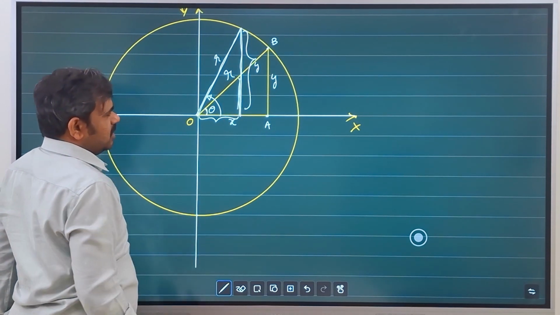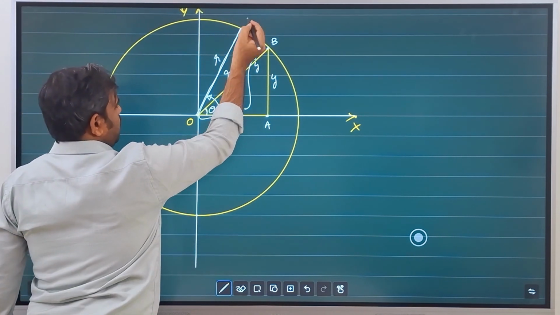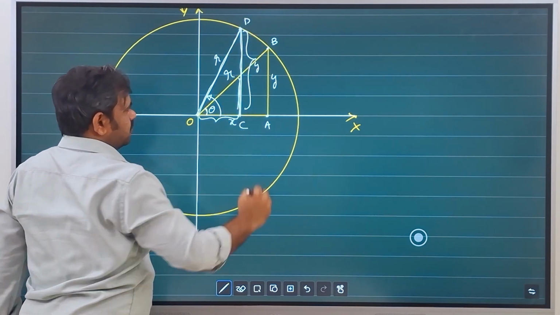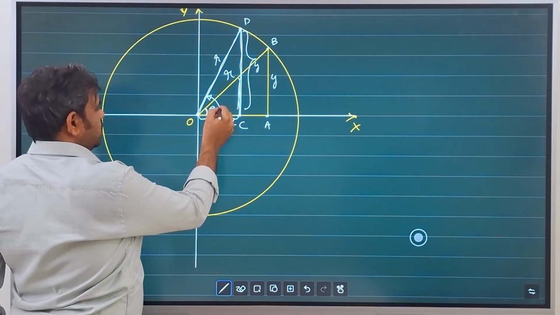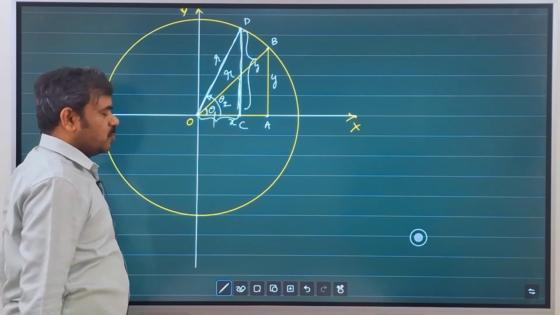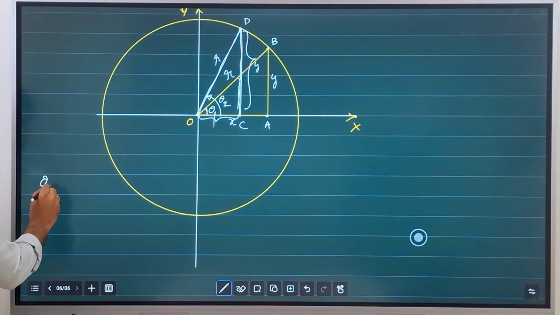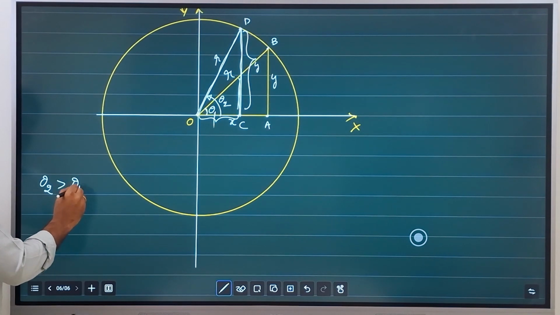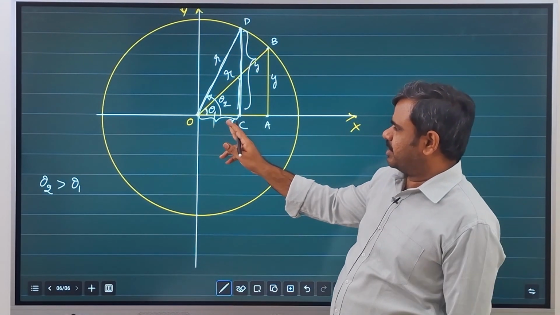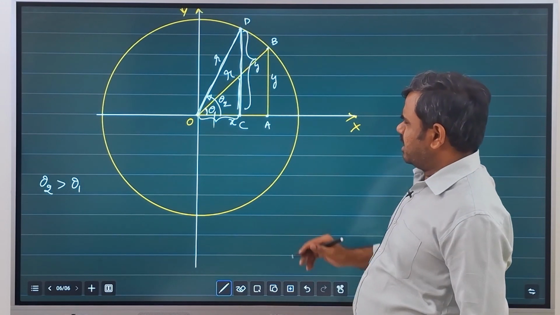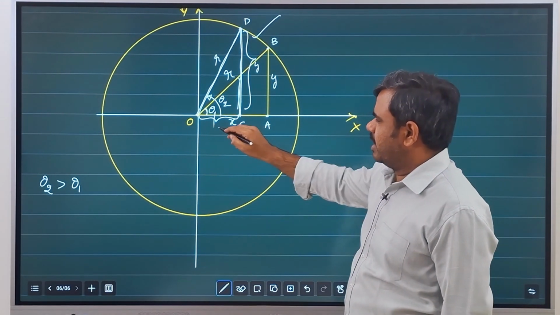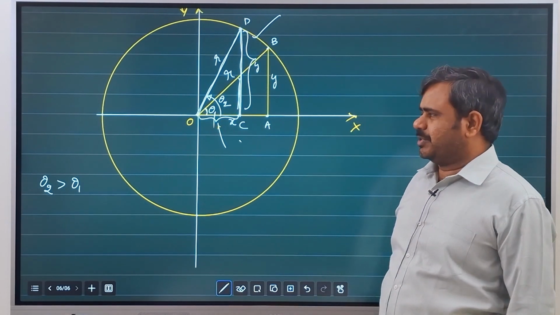Look at these two right angle triangles. One is OAB, the other is OCD. Let me call this angle theta 1 and this angle theta 2. Theta 2 is greater than theta 1. Look at the figure. The angle has increased. When the angle has increased, the opposite side length has changed, and the adjacent side length also has changed.